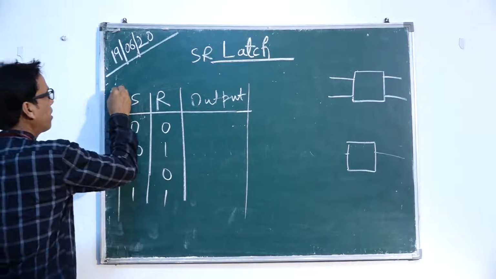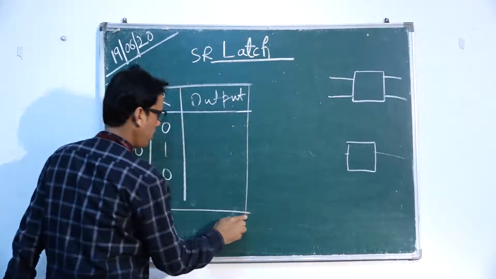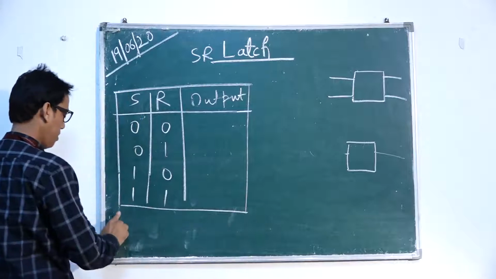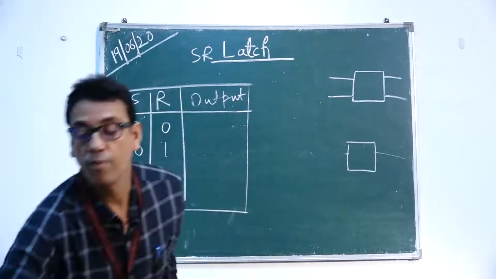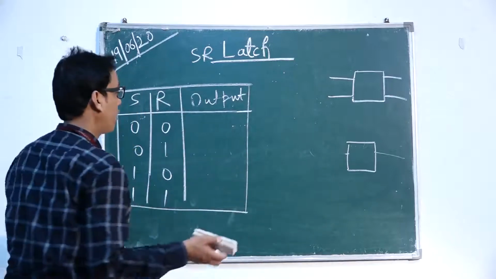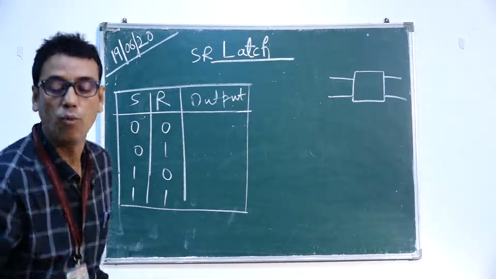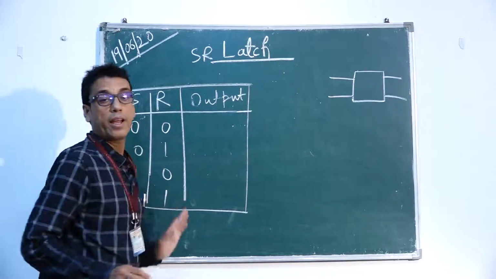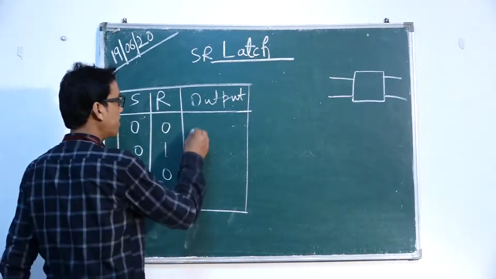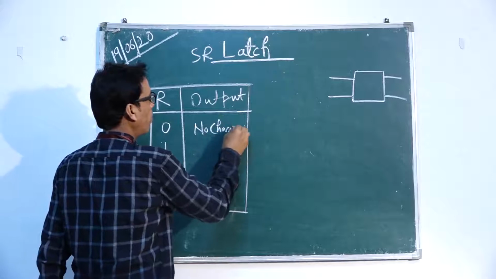This is the truth table of SR latch. If it has 2 input lines, then what are the possible data that we can enter? 0 0, 0 1, 1 0, 1 1. When we input 0 0, this is known as no change.